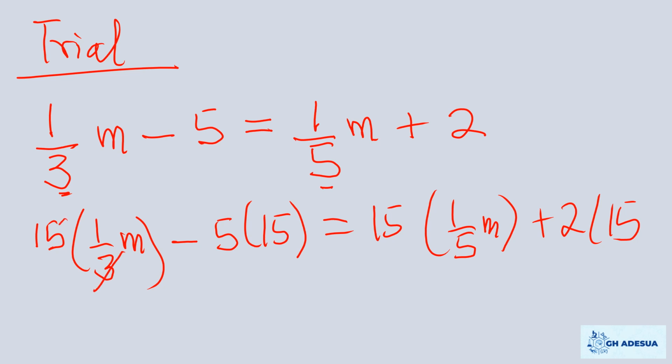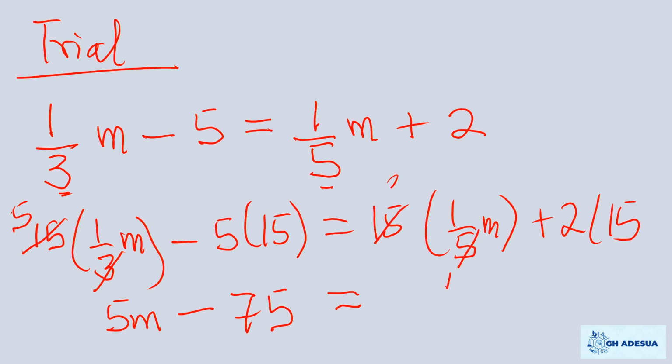Now this 3 will go into 15 5 times. 5 times m is 5m minus 5 times 15. Should we solve that one? That will be 75 is equal to, now there's a bracket and there's a fraction. So 5 will cancel 3.